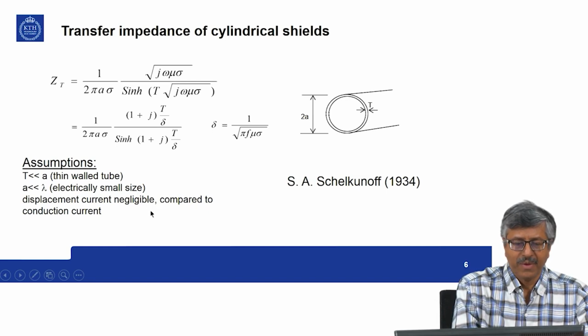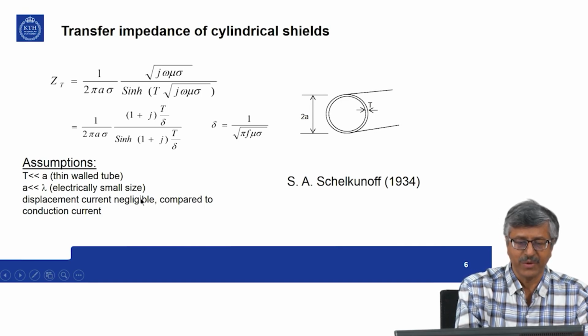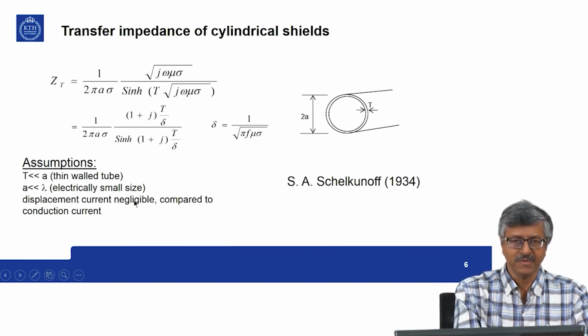And also we neglect the displacement current compared to the conduction current. In Ampere's law you have a displacement current term, and that term is neglected. Then it becomes like the diffusive type of equations in heat transfer.